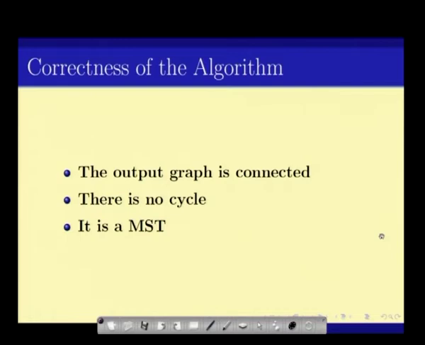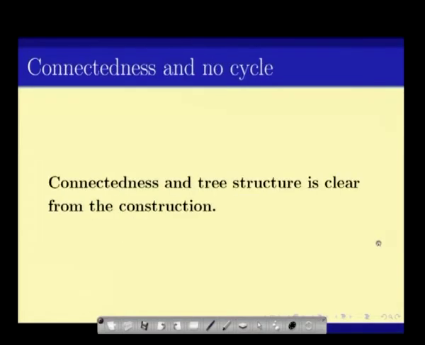We have to check the correctness of this algorithm. Why is this graph connected, does this graph have a cycle, and so on. Connectedness and cycles are slightly easier in this setting. Note that we have always ensured that we keep on doing it till all the vertices are colored red, and whatever we choose are edges going out of the set U, the set of red-colored vertices.